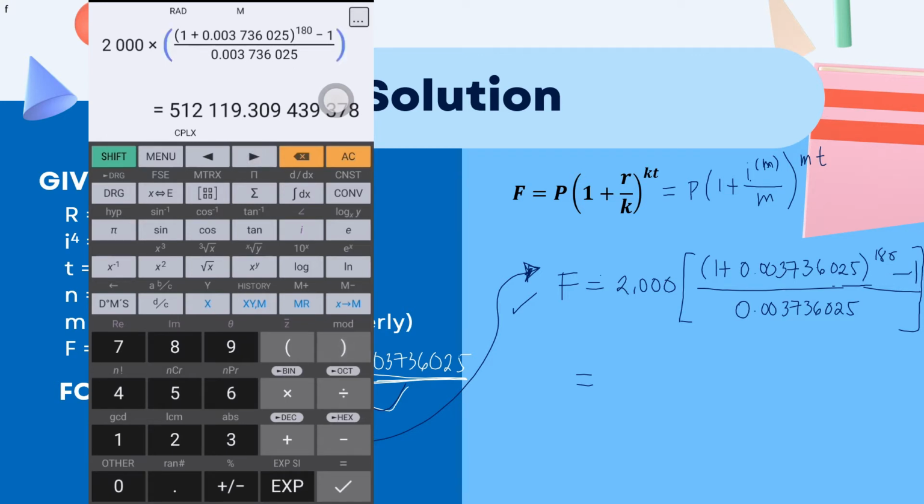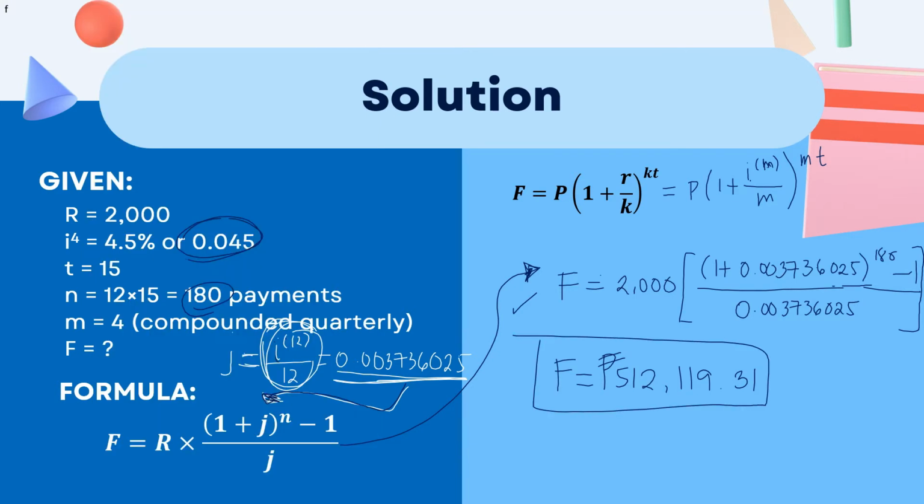So, the answer is 512,119.31 pesos. Yan na po yung ating future value. Ibig sabihin po nun, at the end of the period, si Jericho will have 512,119.31 pesos in his account. Let's have another example para mas ma-practice pa natin.